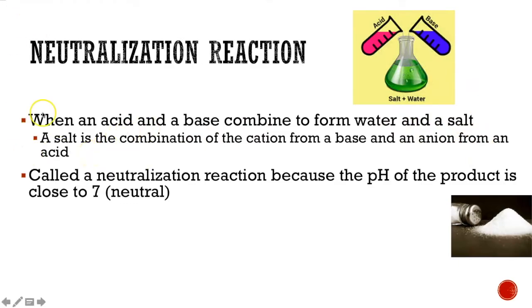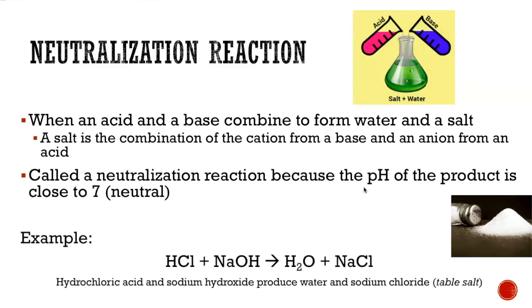So why are these reactions called neutralization reactions? It's because the pH of the product is usually pretty close to 7 or close to neutral. So we're basically going to be combining an acid and a base to create a neutral solution.